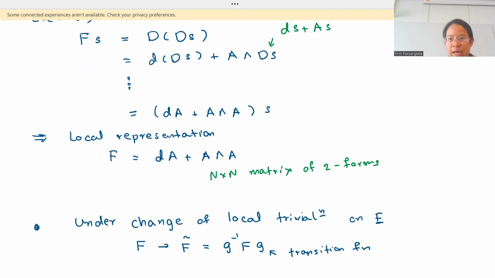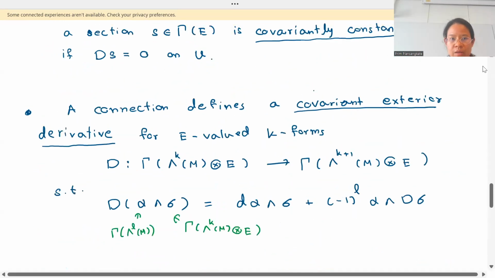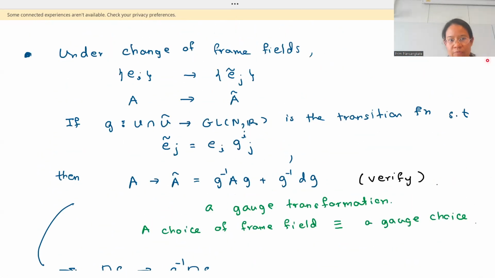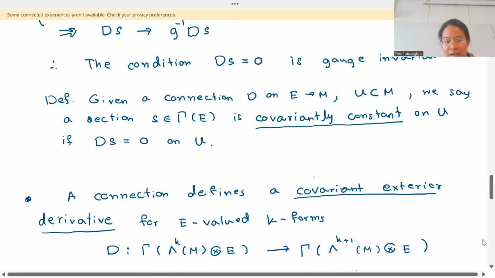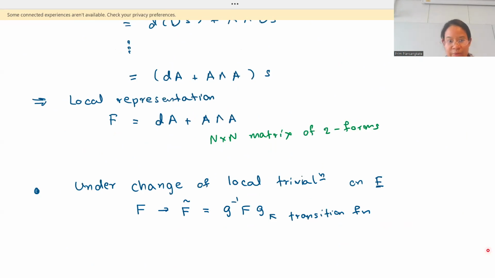And what I have written here uses the same notation as above. If we change from a frame field e to e tilde, where the transition function g is the one that relates the two frame fields like this, then my F here is with the frame field e, and this F is with e tilde. So they are related by this conjugation.